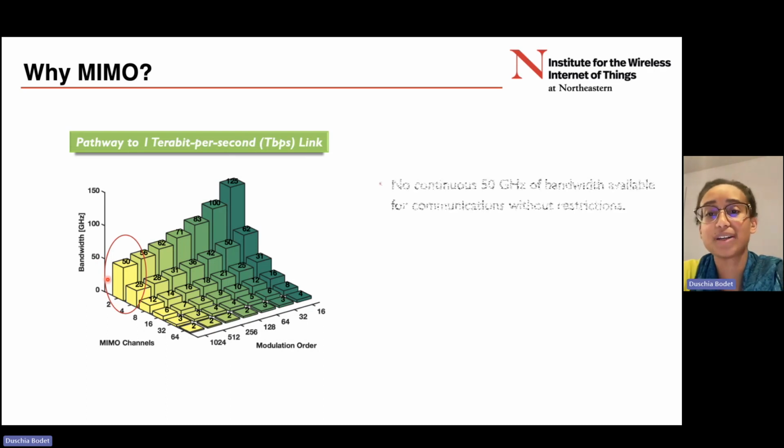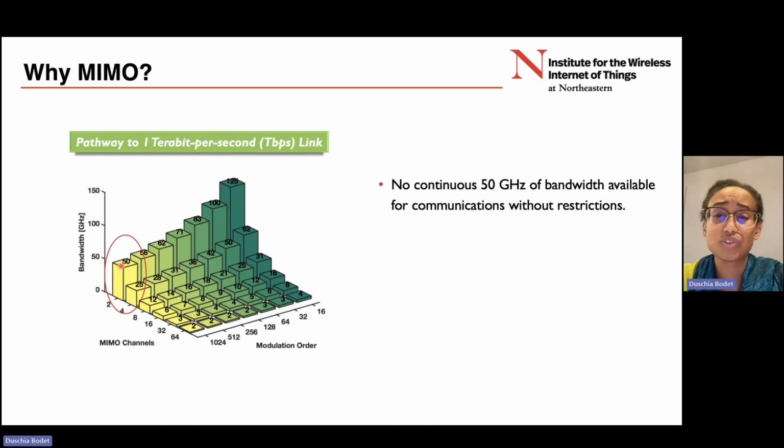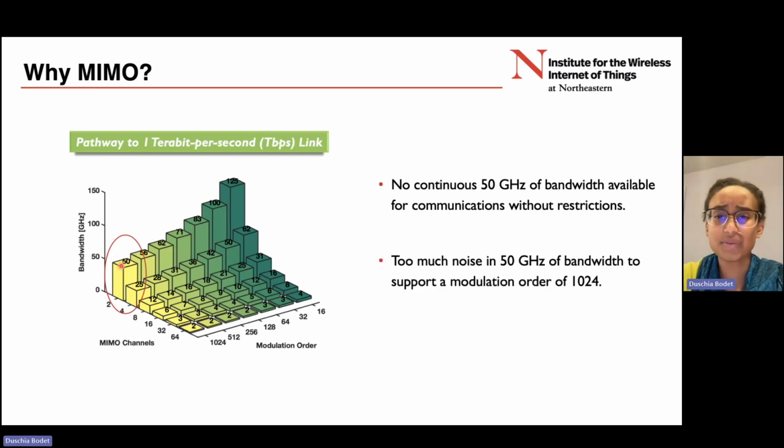That's kind of problematic because first of all, there's no continuous 50 gigahertz spectrum available for use in communications without any restrictions. And second of all, there's too much noise in 50 gigahertz of bandwidth to support 1024 modulation orders.